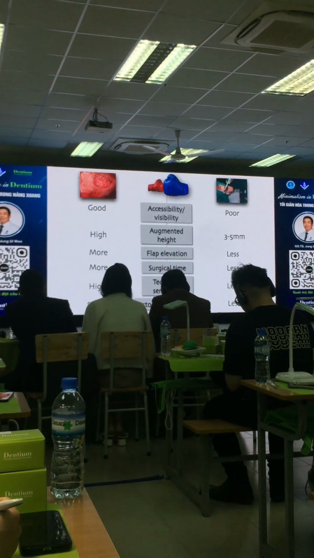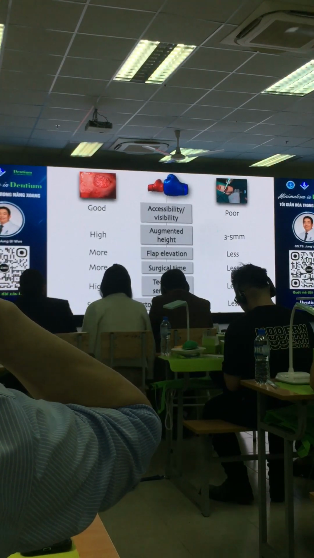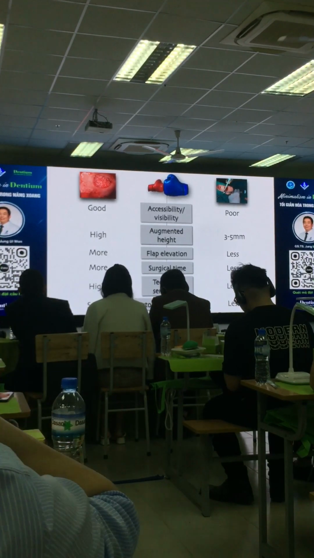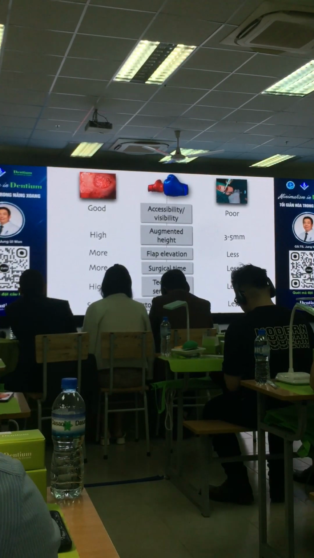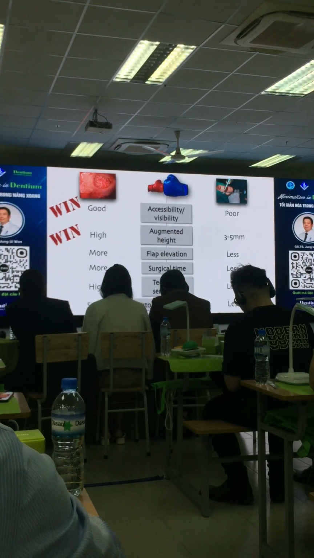To make a long story short, let me show you a table. The lateral approach displays drawbacks in invasiveness and technique sensitivity, despite good visibility, accessibility, and good augmented height. In order to overcome these drawbacks, less invasive approaches have been developed and introduced.